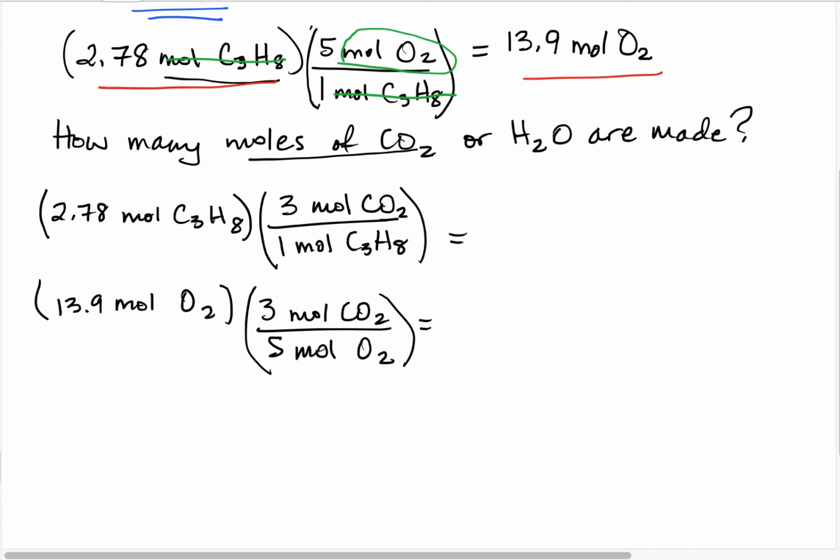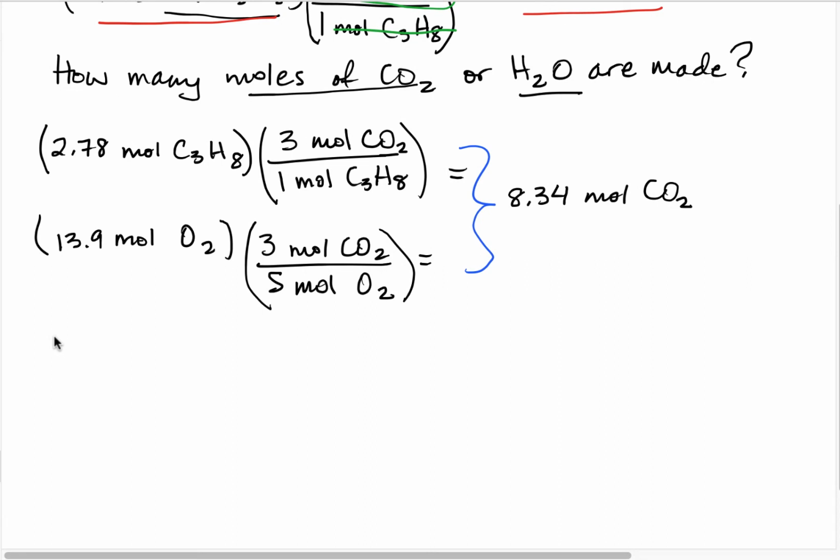Both of these should give you the same answer. They certainly did when I calculated it, and I got 8.34 moles of CO2. If you want a little extra practice, go ahead and practice calculating the water as well. I'm going to give you another practice problem in a minute too, but if you want that extra practice, go ahead.